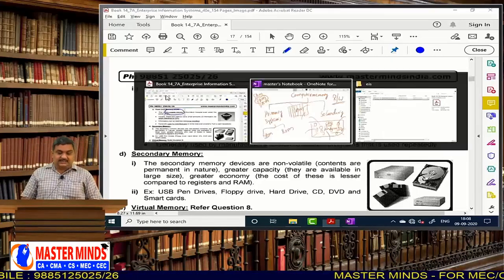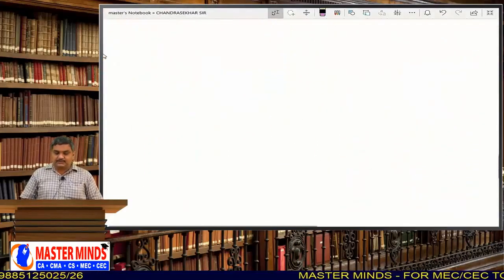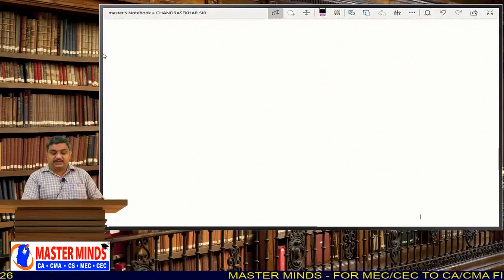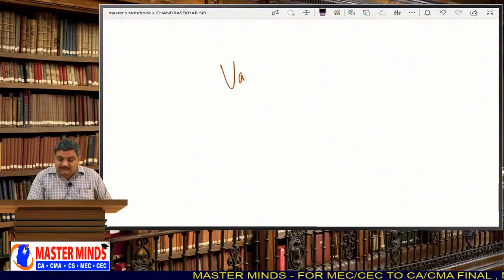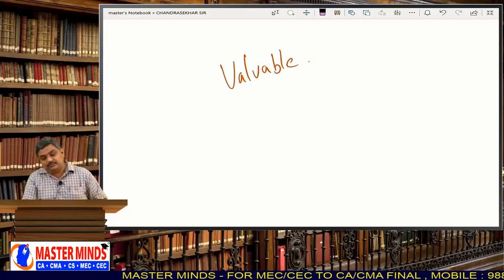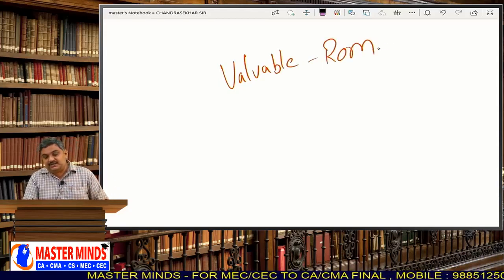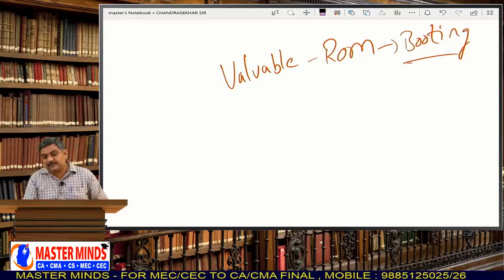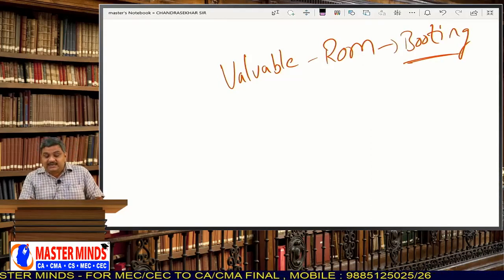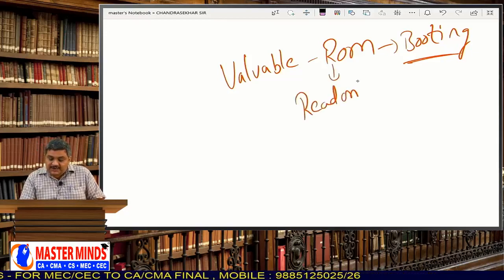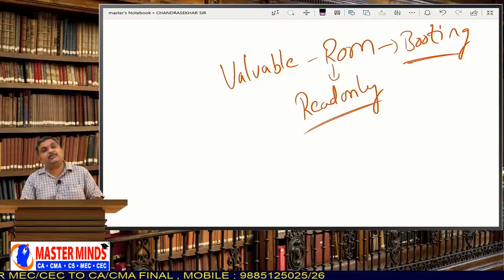Because the manufacturers of the computers put some valuable information inside the ROM, which is very much essential for booting the system. That is why it is made read only. That means you can only read what is there inside that memory.